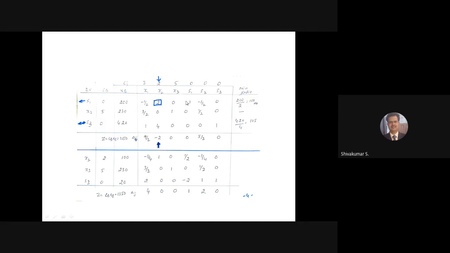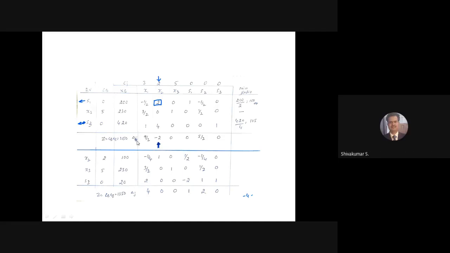It's only the first column. If you get a doubt, don't worry, you'll understand better in the next problem. I'm going to solve 2-3 problems, so don't worry about this procedure. I think you got these values now: 200, 230, 420, all the values. Done?